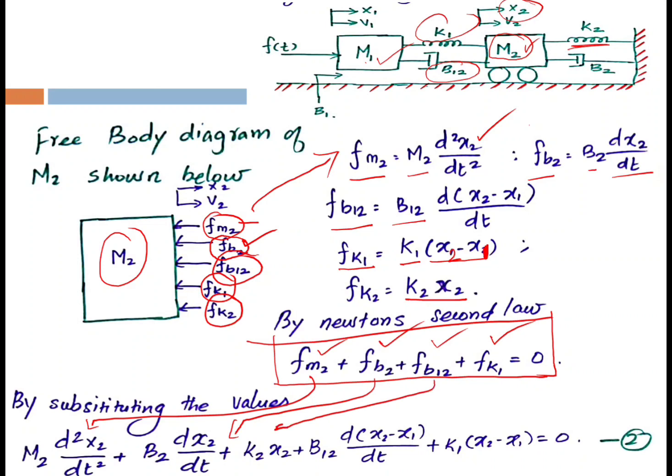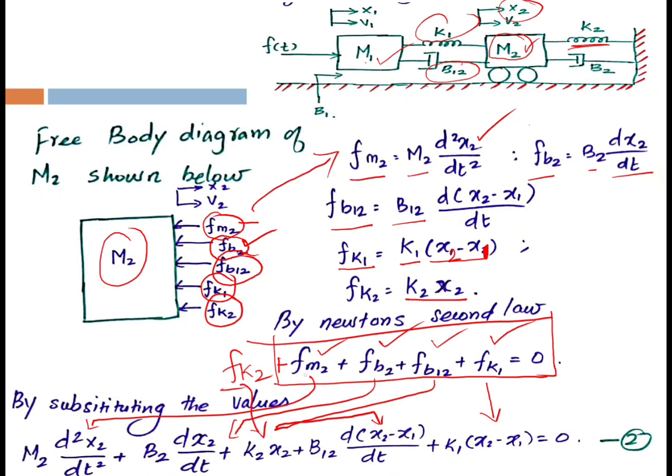Fb12 is b12 d of x2 minus x1, and then Fk1 is K1 into x2 minus x1, plus Fk2, which is equal to 0. So Fk2 is here.